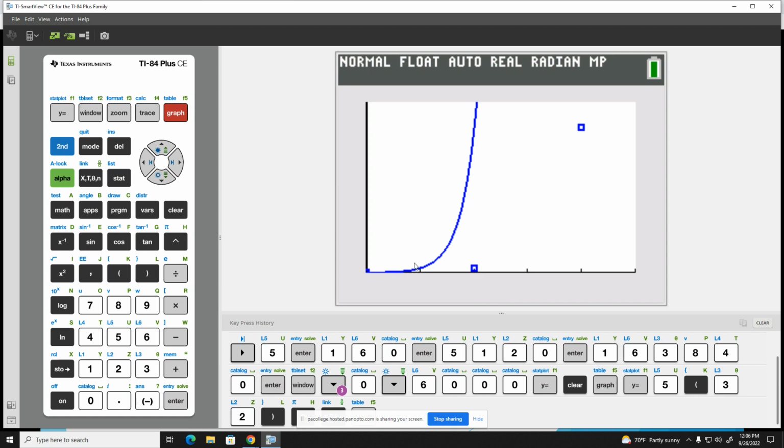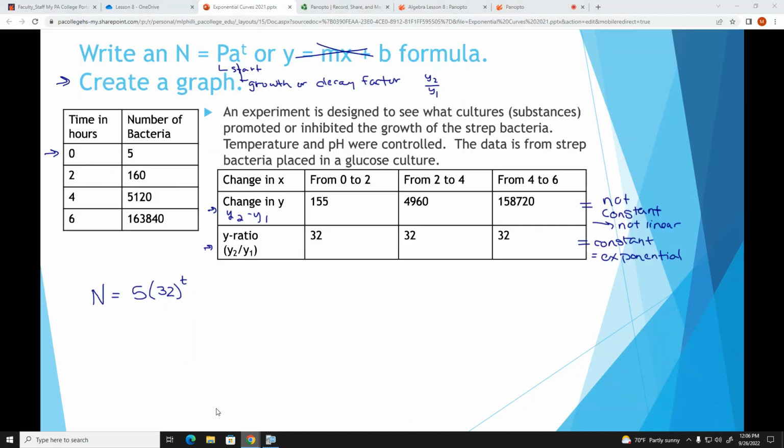So it's kind of the right curve, but what it did not account for is that the time did not go up by 1. And so we had talked about this with a previous example, and that time is our exponent, and we have to account for how time is jumping. And in this case, this jump is going up by 2 hours all the time.